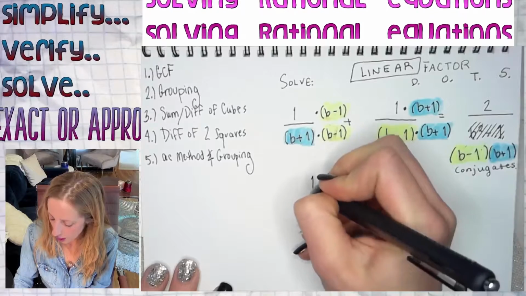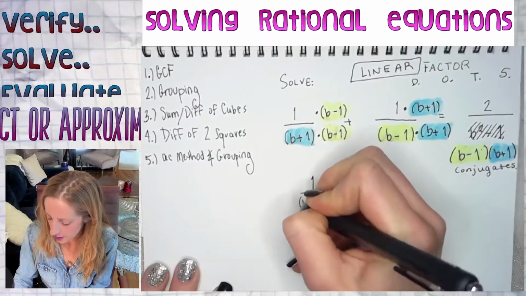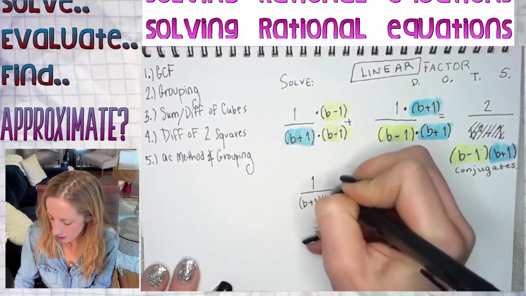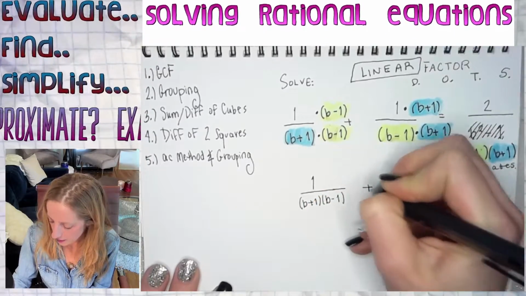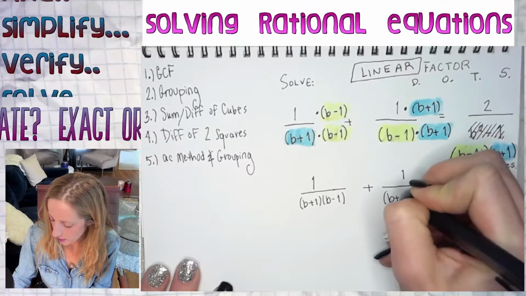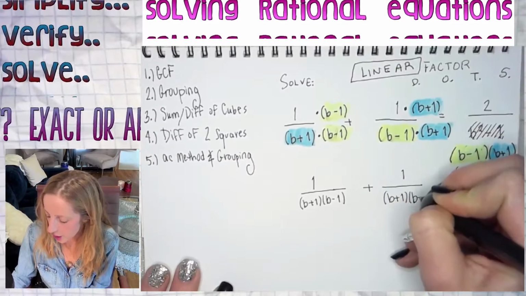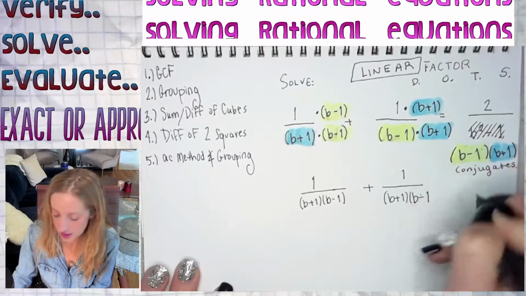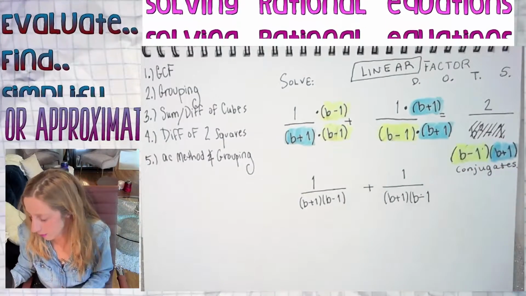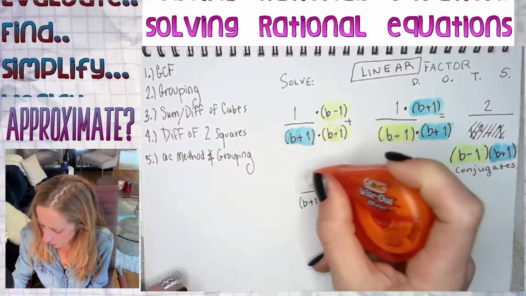I'm going to rewrite this a little bit. Over here, I have 1 over (B plus 1)(B minus 1), plus another 1 over (B plus 1)(B minus 1). Those have a common denominator, and they're on the same side of the equal sign. I could just combine them. Oh, I don't have 1 over. Who am I kidding?